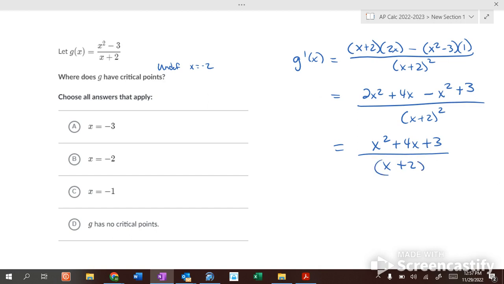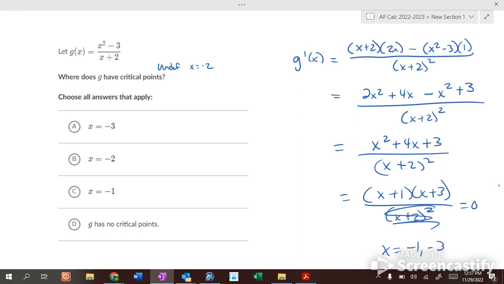Yes, it is. x plus 1, x plus 3. If we set it equal to 0 and multiply both sides by x plus 2 quantity squared, that just disappears. So x equals -1 and -3. So those are our two critical numbers.